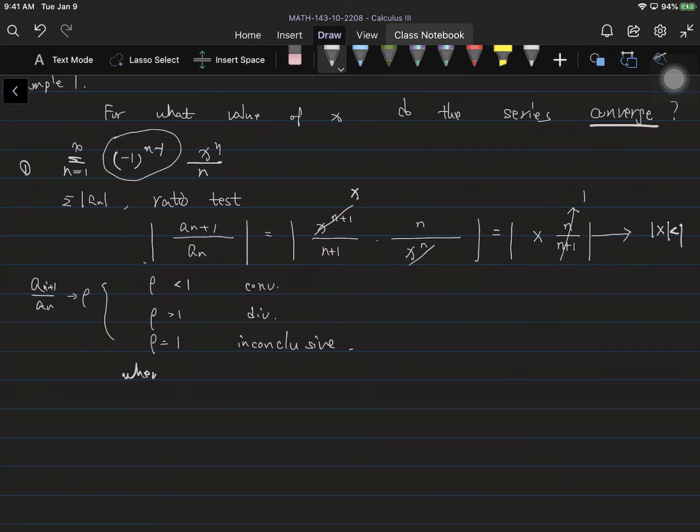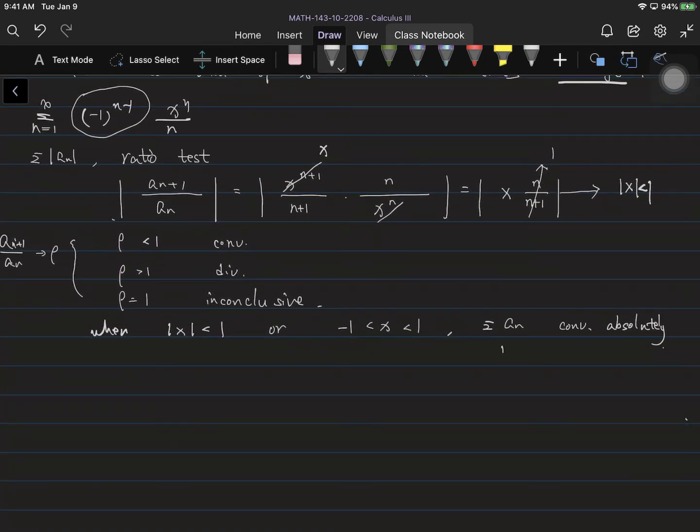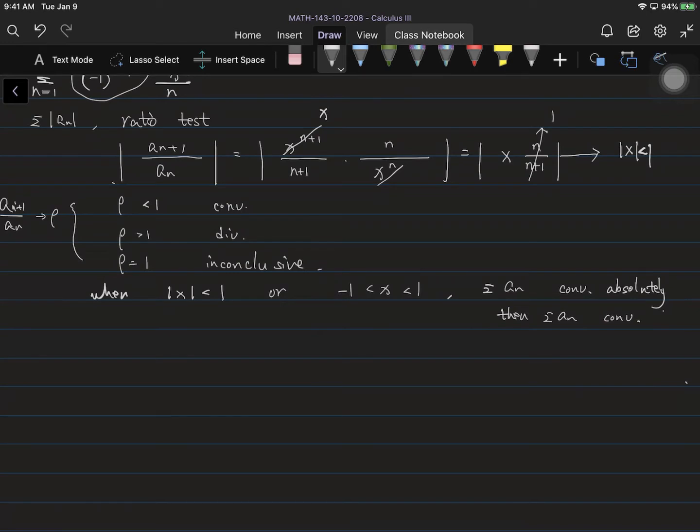That means when the absolute value of x is less than 1, that is, x between -1 and 1 if I write the inequality in another way, the series converges absolutely, and then converges. When the absolute value of x is greater than 1, the series diverges. But when the absolute value of x equals 1, the ratio test is inconclusive.